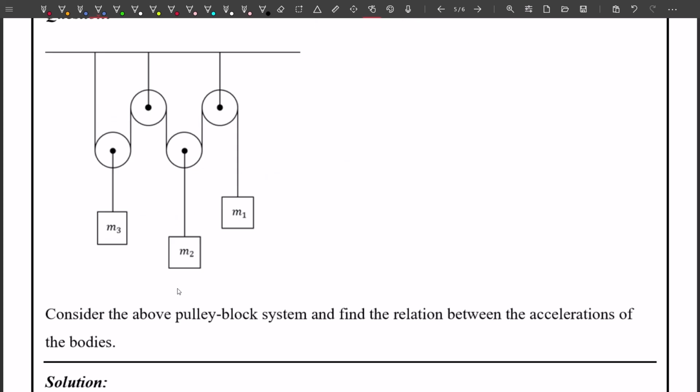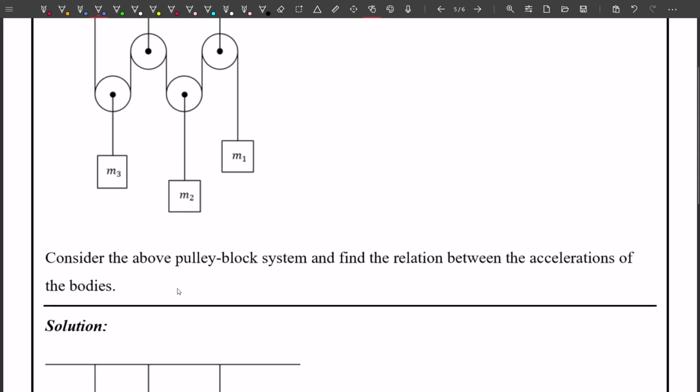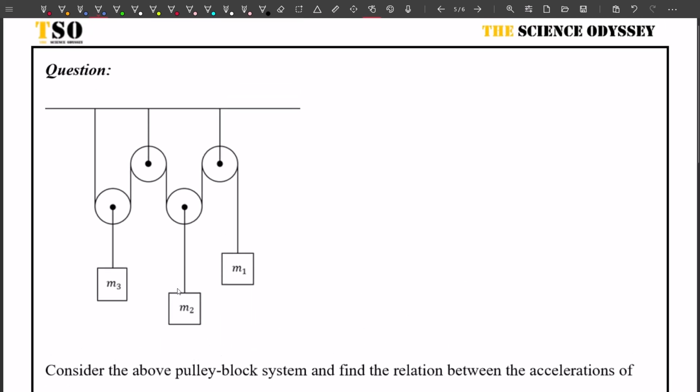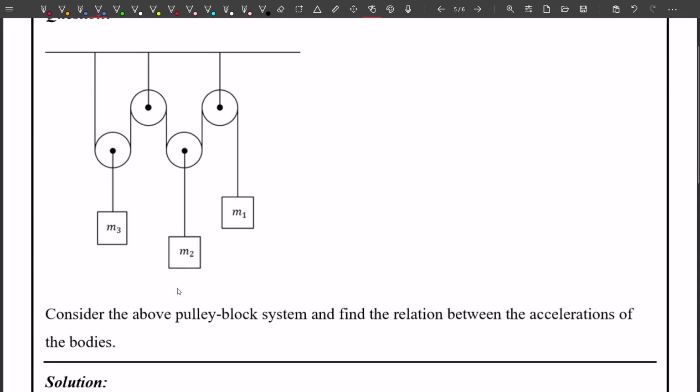So our next problem says that consider the above pulley block system and find the relation between the accelerations of the bodies. So first let us assume that the acceleration of mass m1 is a1, the acceleration of mass m2 is a2, and the acceleration of mass m3 is a3.